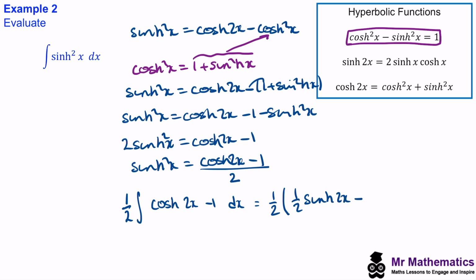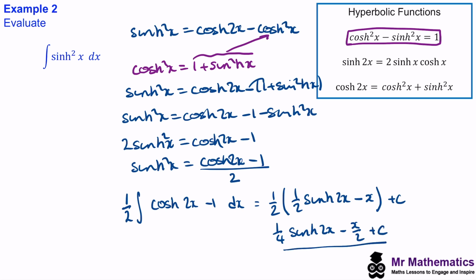When we integrate the negative 1, we get negative x, and then we'll plus a constant, we'll expand these brackets out again. So we get 1/4 of sinh 2x minus 1/2 of x plus the constant.